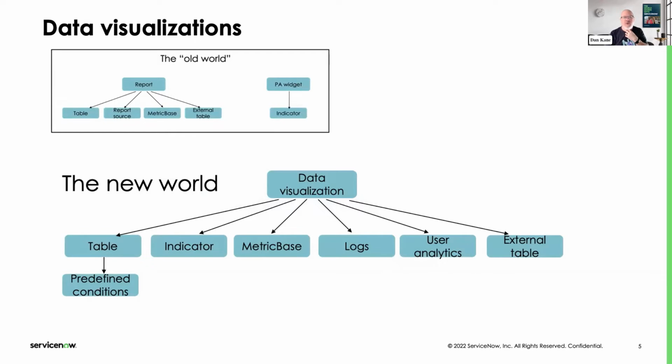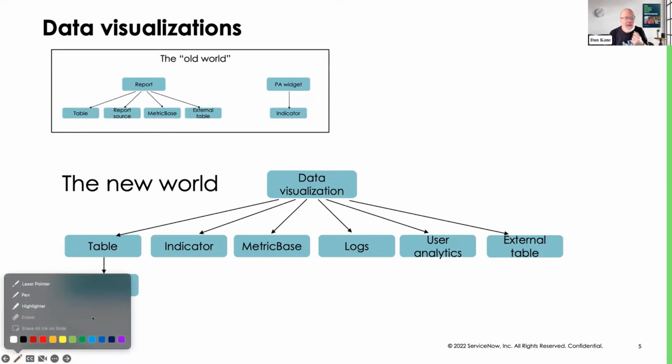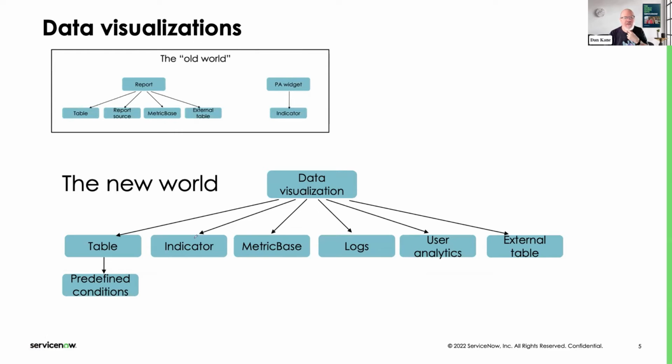And within a data visualization, you can use as your data source a table, which would basically be a report from a live table. You can have an indicator, which is the PA pieces. You can use metric base, logs, user analytics, external tables, remote tables.